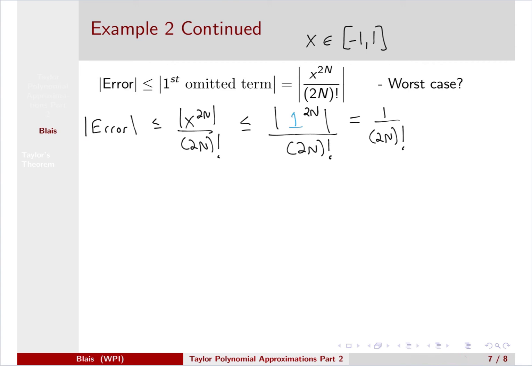Okay, so we know the error using the alternating series estimation theorem and the fact that x lives in the interval -1, 1 is at worst 1 over 2n factorial. Well, what did we want? Let's go back to the statement of the question.